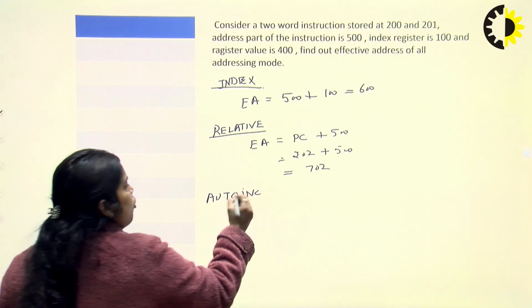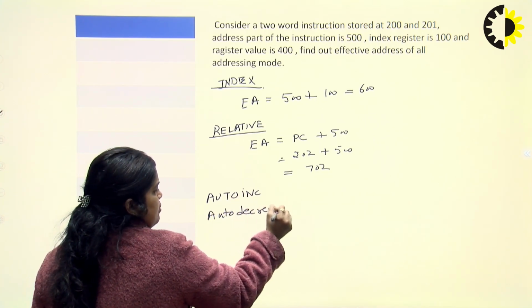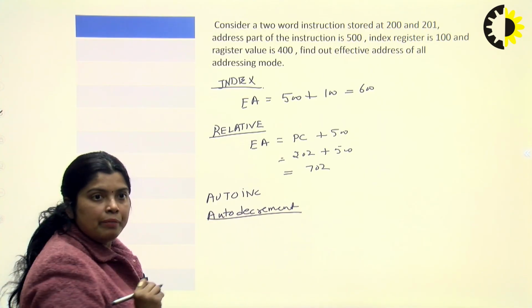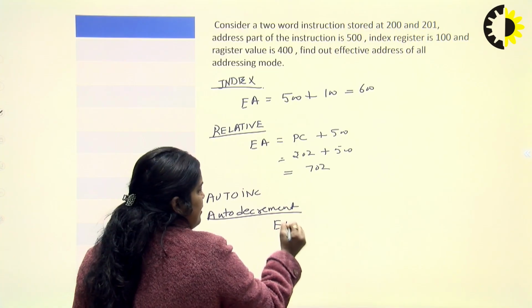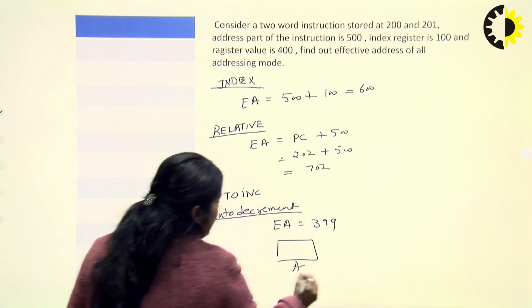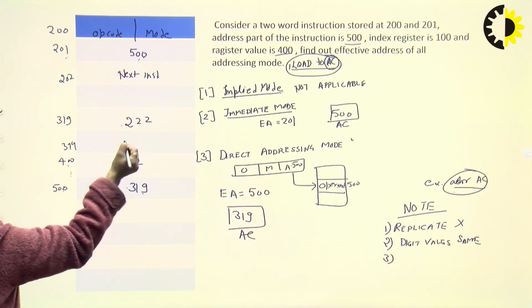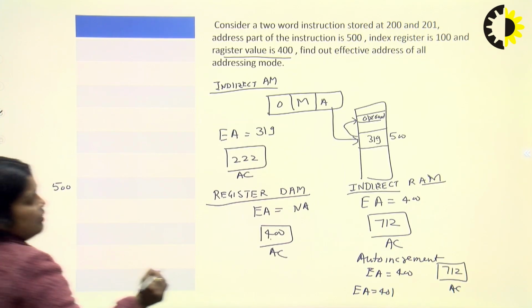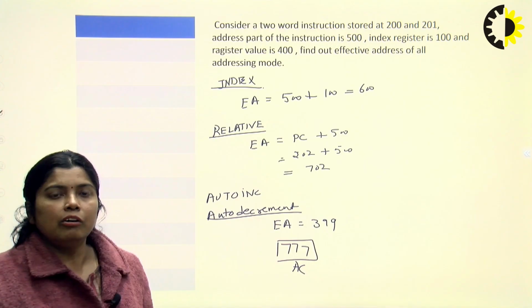And in the auto decrement mode, 400 is there, so the effective address is 399, and in the accumulator whatever value is stored at 399 is used. That is the auto decrement mode.